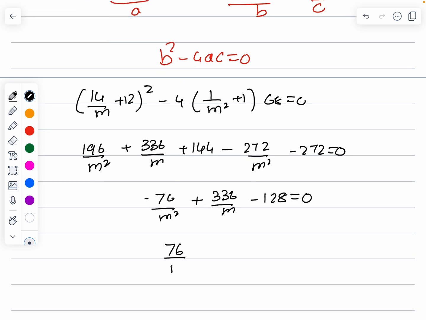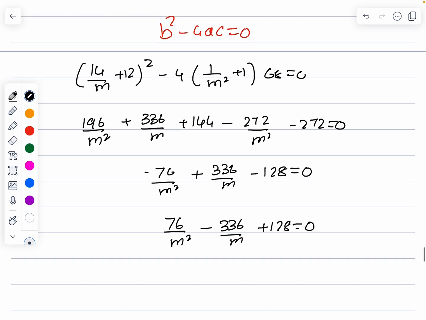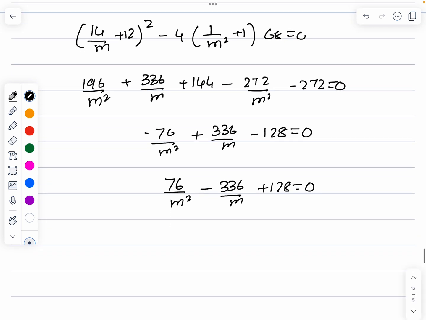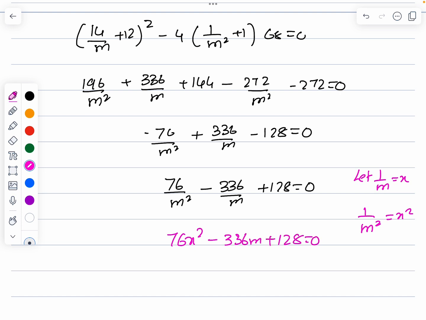Multiply by minus: 76 upon m square minus 336 upon m plus 128 equals to 0. Now let 1 upon m equals to x. So 1 upon m square will become x square. So it becomes 76x square minus 336x plus 128 equals to 0.